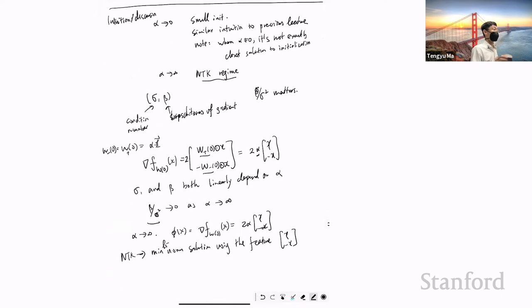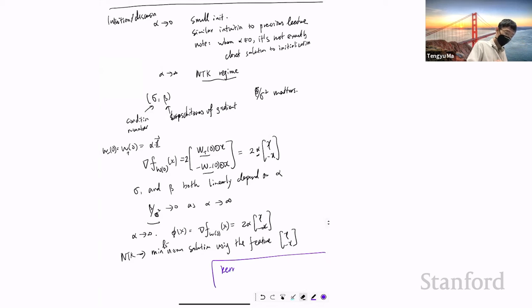Any questions so far? The question is, why does NTK give you the minimum norm solution? I think this is just because of what the kernel method does.